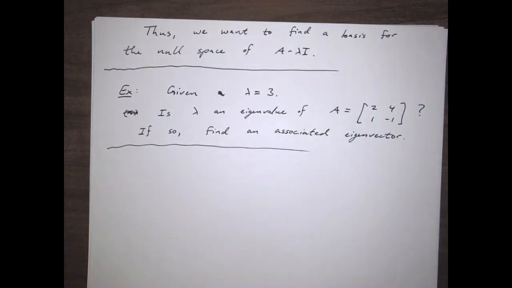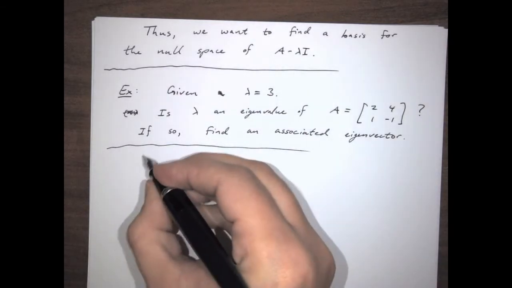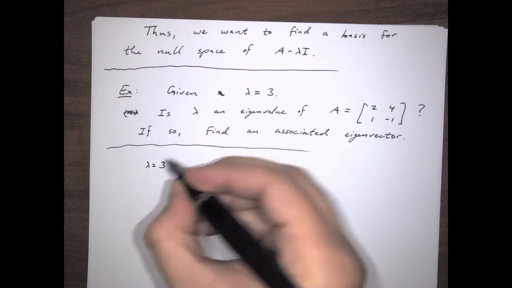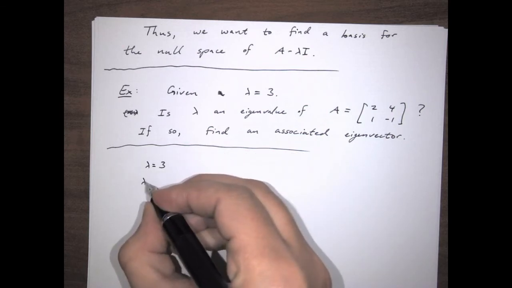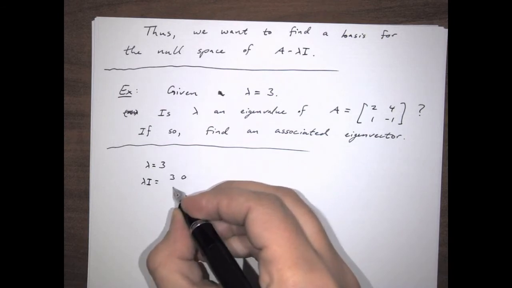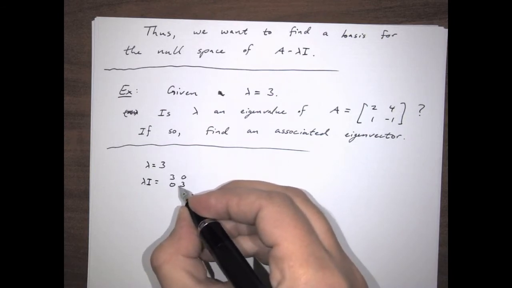Well, let's think about what this means. So first, let's just build this up. If lambda equals 3, then lambda I would be 3's along the main diagonal, and here we're talking about 2 by 2 matrices.